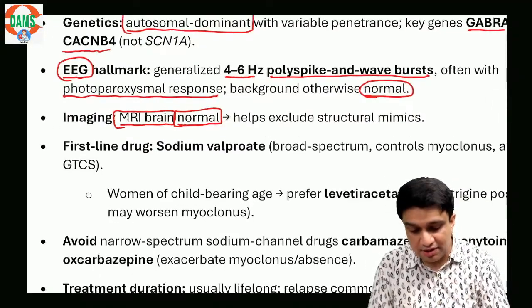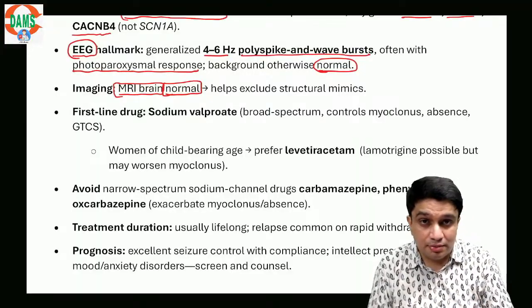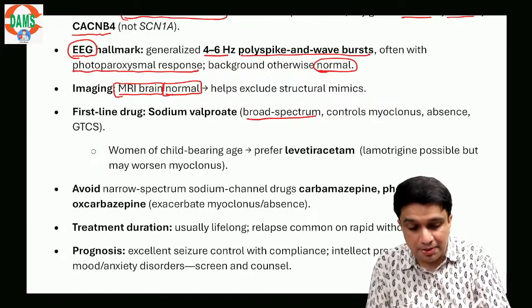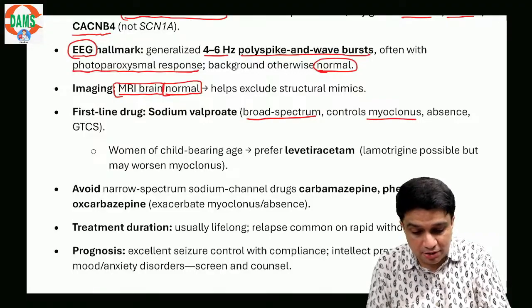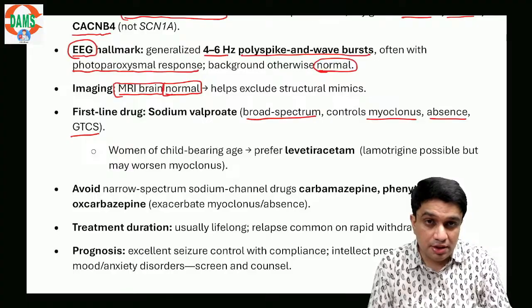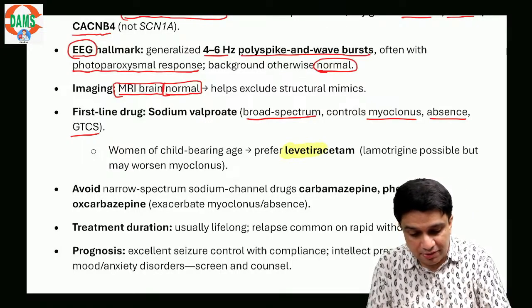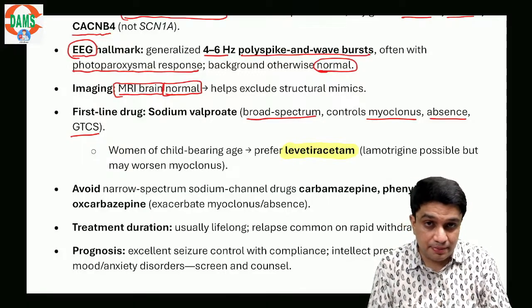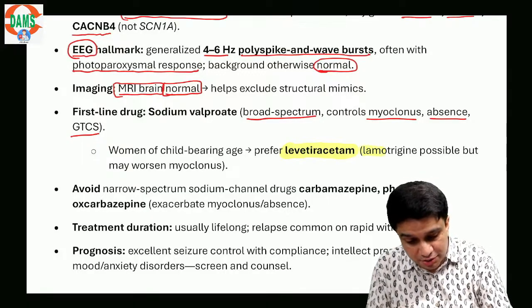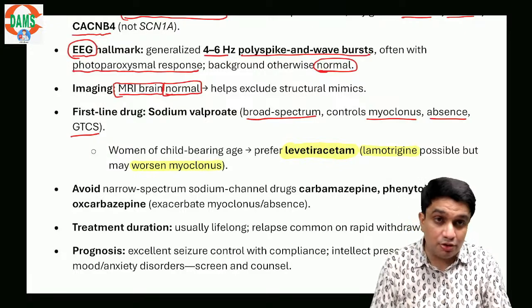The first line drug that we consider over here is sodium valproate. Why valproate? Because it's a broad spectrum anti-epileptic. It not only controls myoclonus, it controls absence and GTCS also. But in females of childbearing age group, we will prefer giving levetiracetam. Lamotrigine is to be avoided in that age group because it may worsen myoclonus, although rare.